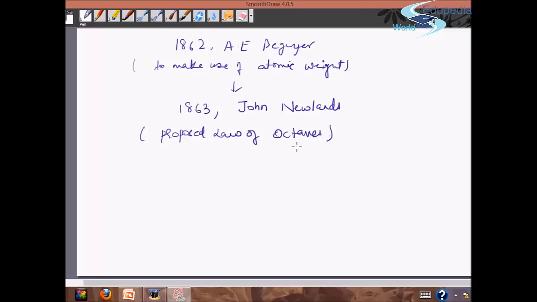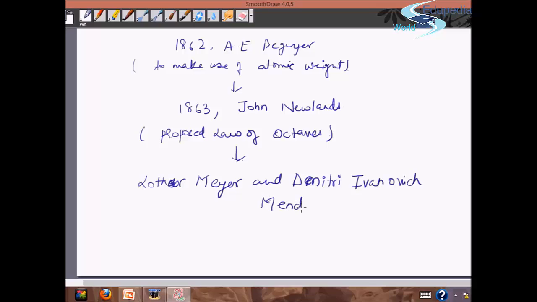After this analogy, which was ridiculed at that time but was found to be insightful after the work of Mendeleev and Meyer was published, that is, the fathers of the periodic table: Lothar Meyer and Dmitri Ivanovich Mendeleev independently produced remarkably similar versions of the periodic table of elements at essentially the same time.